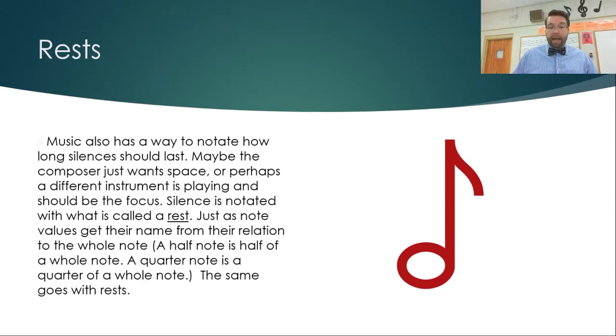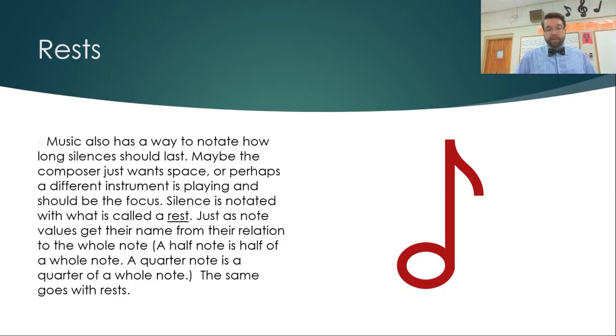They can stand out because they either have a solo or some other type of message that the composer wants to play. Same thing goes for singers. Sometimes an entire section or the entire choir is silent so that a soloist can stand out. All the other musicians have a rest. They are resting. They are not making any noise. So that's what a rest is.